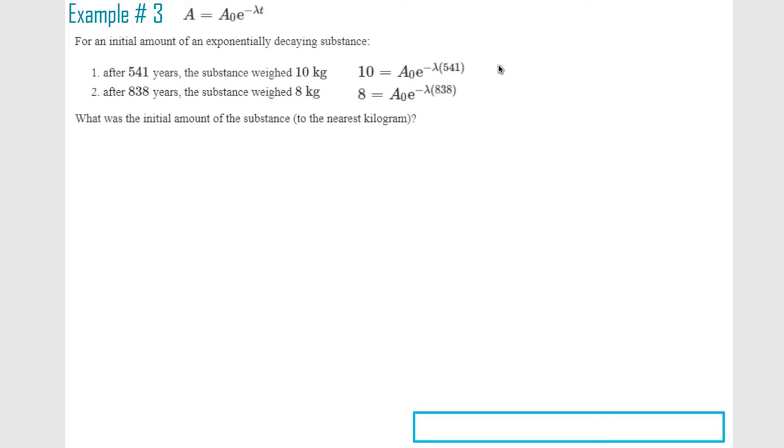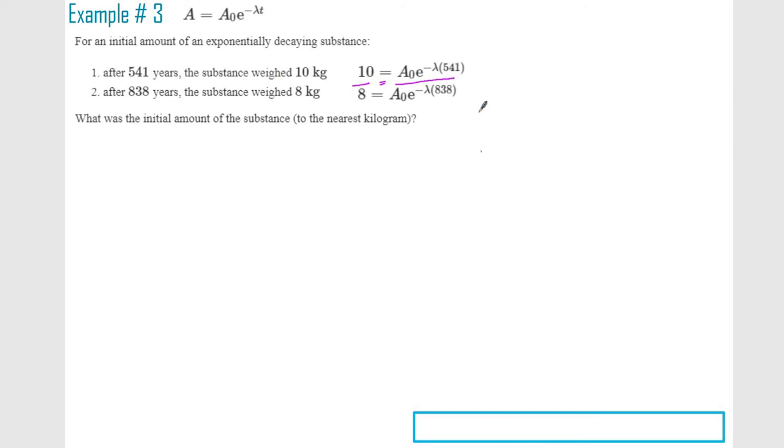usually when we have 2 equations and 2 variables, we substitute or eliminate, okay? Well, we can also do more than that, okay? We can also divide. So on this one, we can actually kind of set up a ratio. The left side over this side is going to be equal to this divided by that.